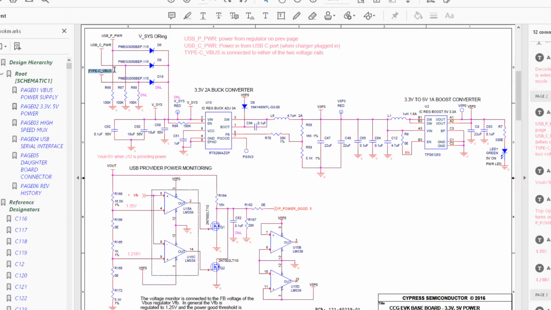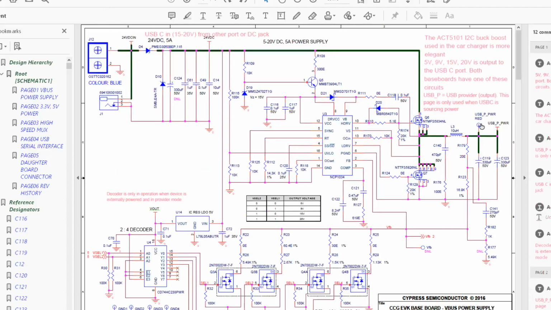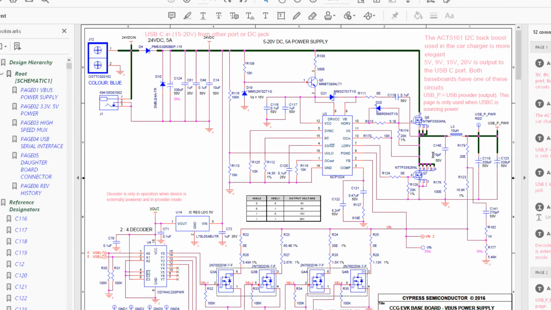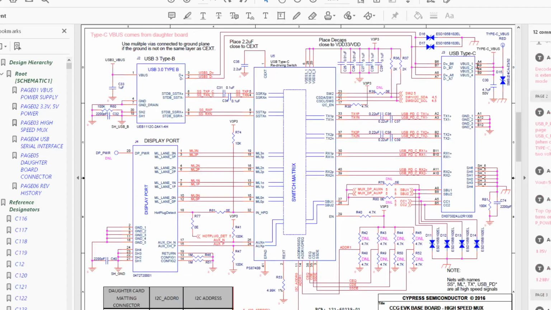Technically this is not really used, because when either of these has power, this will have the same voltage as either of these two, because they're both going to the FET. And USB-P power is in, this FET turns on when you turn on these one and one, and you get the voltage of the Type-C bus, which then goes to this connector here, Type-C.